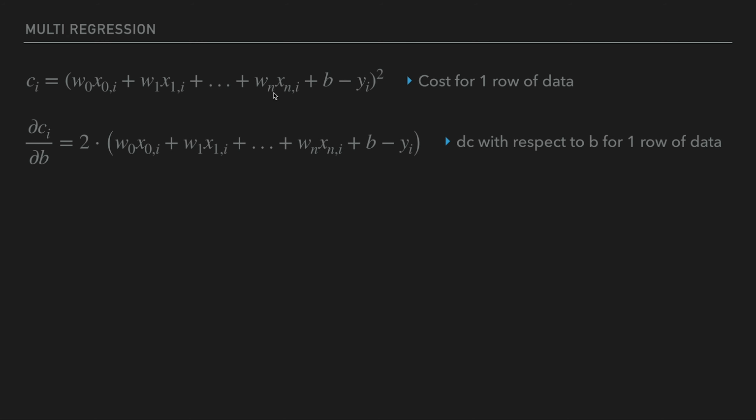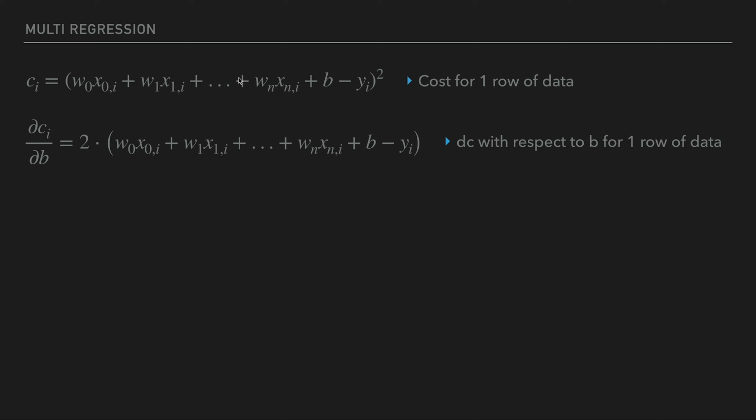Let's say we take the derivative of the cost function with respect to the nth weight. N could be any number. N could be 0, which means it's the derivative with respect to this weight. N could be 1, which means it's the derivative with respect to this weight.